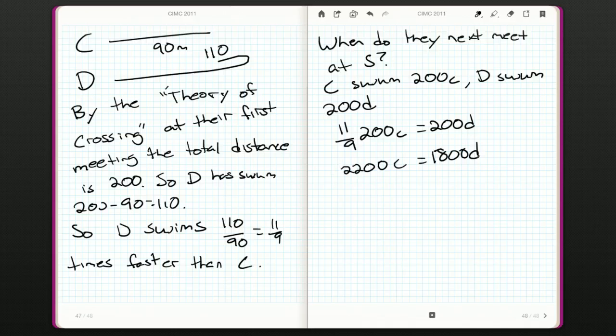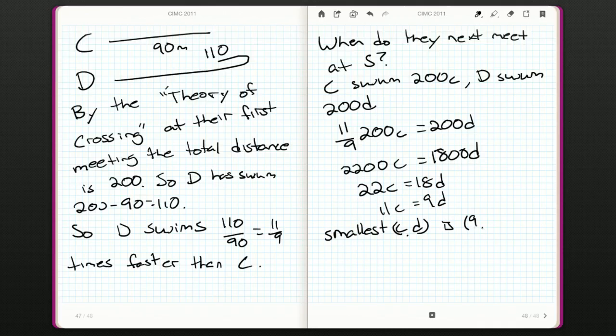Can we reduce these anymore? That's not necessarily the first time they've gotten together. So what are the smallest numbers c and d can be that make this true? Okay. So the smallest that c and d can be is c can be 9 and d can be 11.